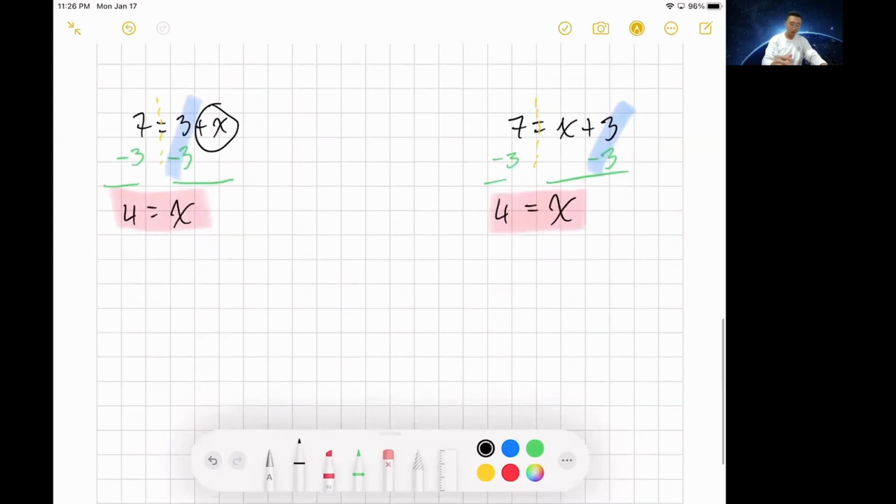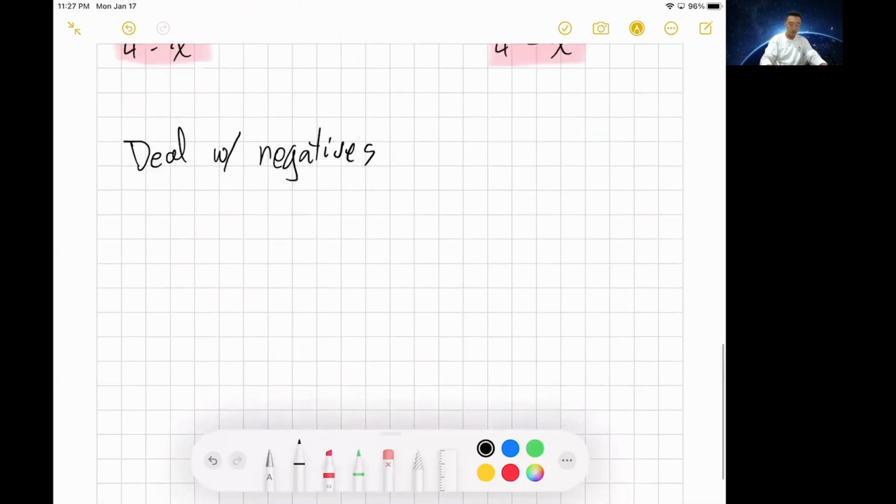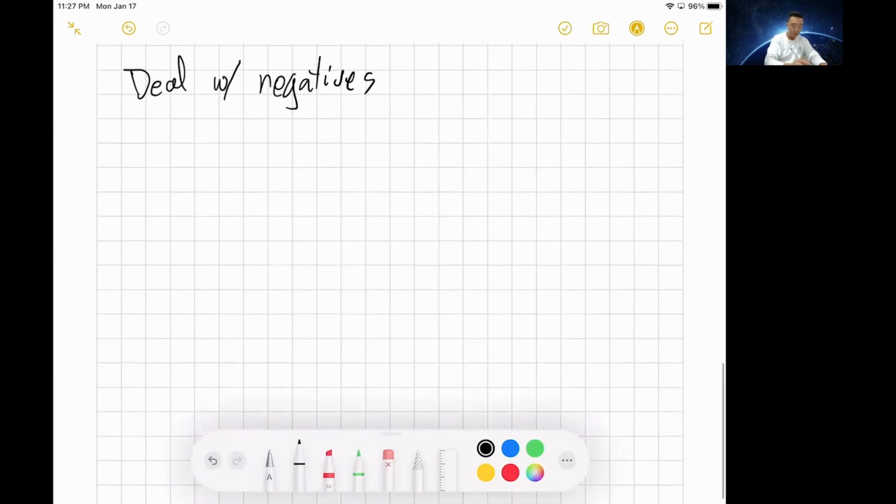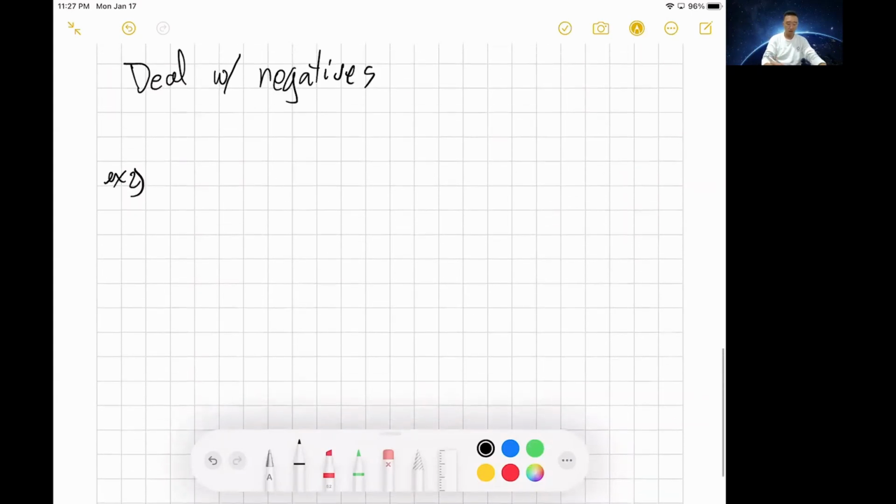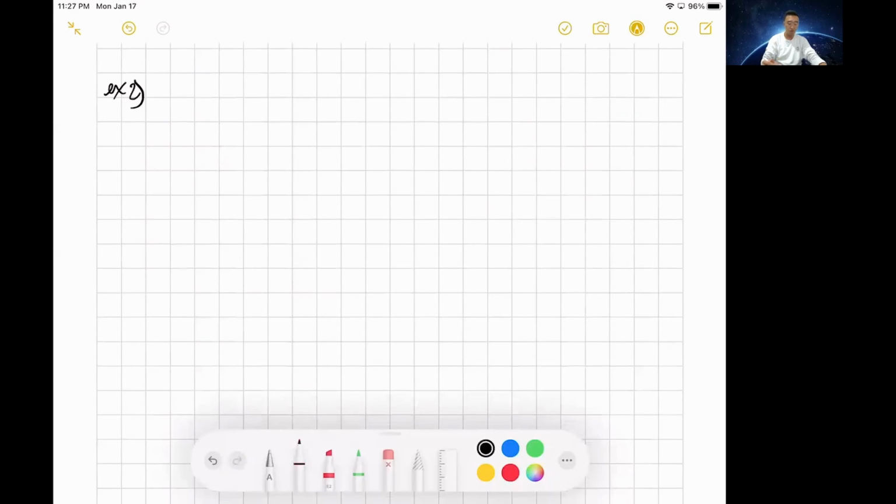Now, please watch out when you have to deal with negatives, okay? So for example, you can pause this video after I show you the problems, and you can try it on your own and then unpause to see the solution.